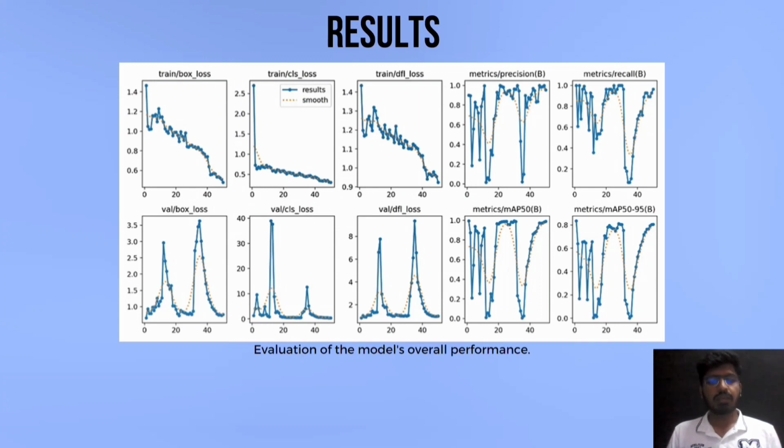Followed by the evaluation model of the overall performance. This consists of variation of parameters such as box loss, classification loss, DFL loss, which is distribution focal loss, metrics per precision, metrics per recall, validation box loss, validation classification, validation distribution focal loss, metrics per mAP, which is mean average precision 0.5 and mean average precision 0.5:0.95.